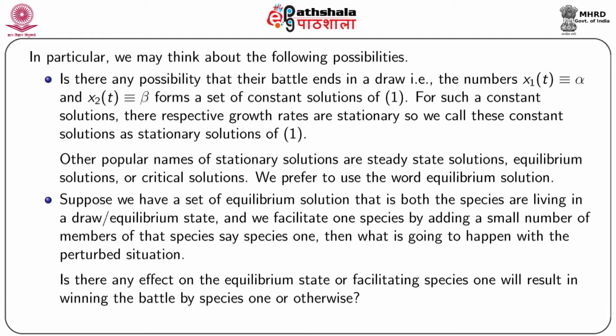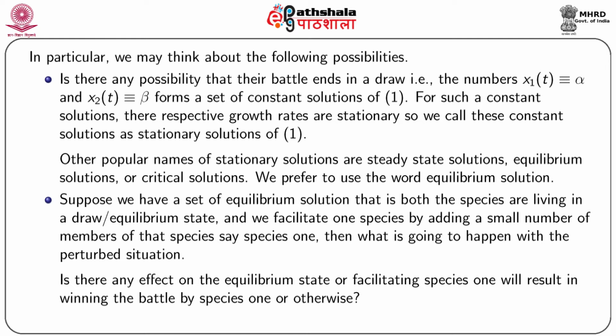In particular, we may think about the following possibilities. Is there any possibility that their competition ends in a draw? That is, the numbers x1(t) equal to alpha and x2(t) equal to beta form a set of constant solutions of equation 1.